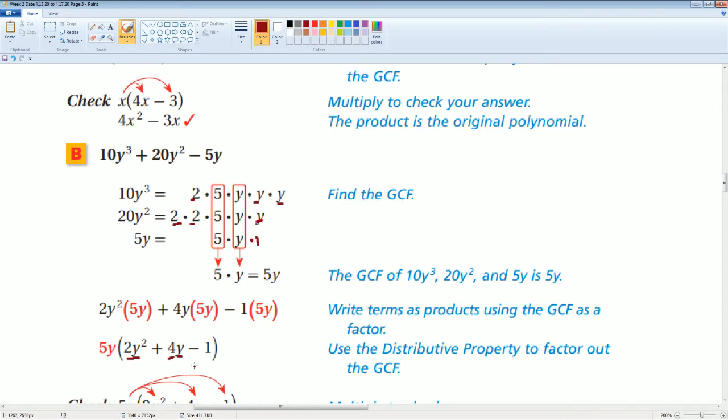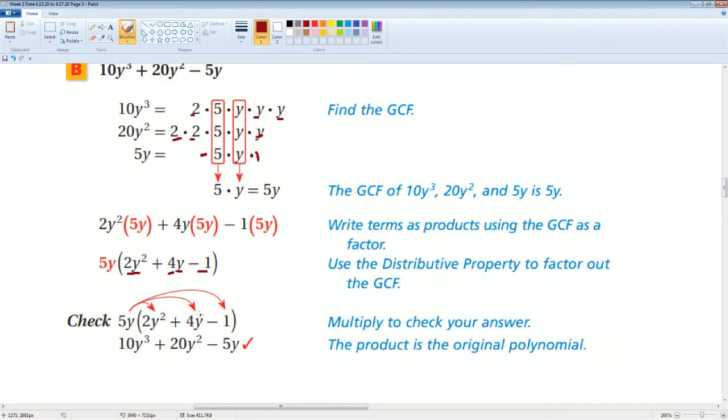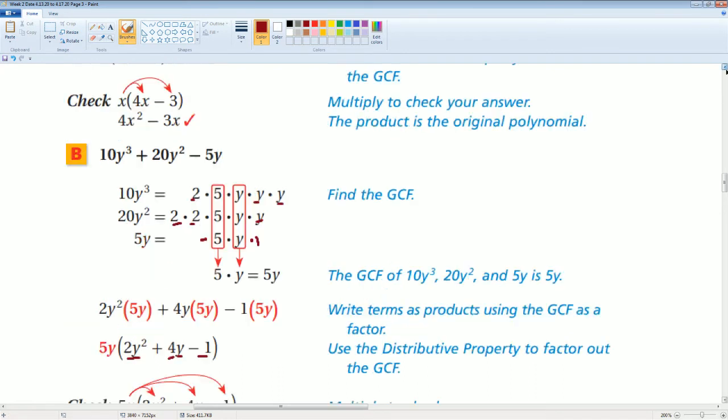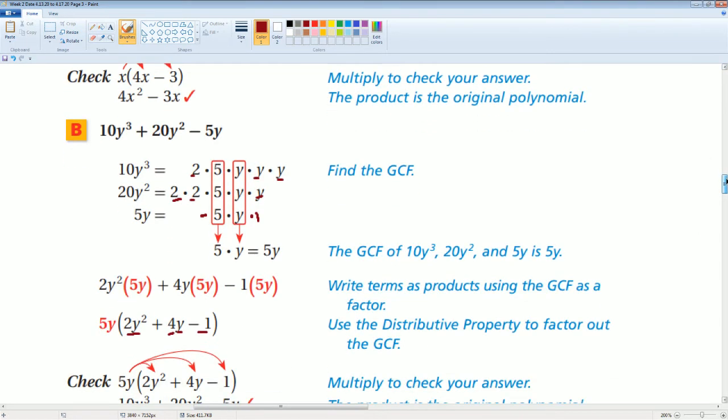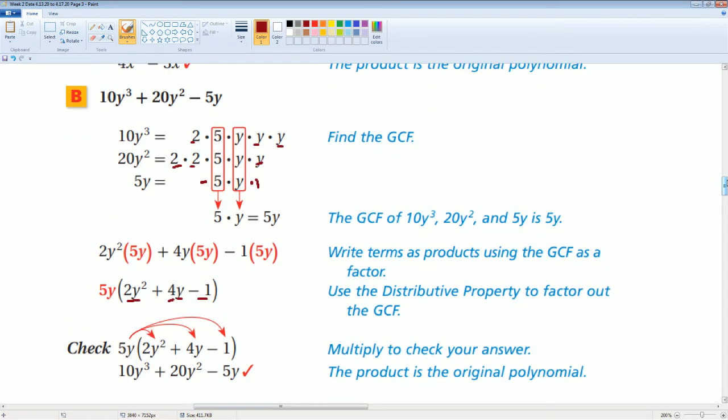In this case, they forgot that negative here. There was a negative out in front. So that's why they have a negative 1 out in front. If you distribute the 5y together, that's how you can check your work, okay? So here you go. If you want to just take the notes, read this if you would like it, okay?